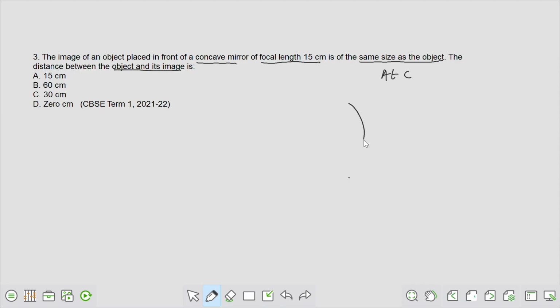So let's see, we have a concave mirror: the pole of the mirror, then the focus of the mirror and the center of curvature. It says the focal length is 15 cm, and we also identified that you get the same size image when the object is placed at C. So what is the distance of C from the pole of the mirror? This is already 15, so this distance will be 30 cm.